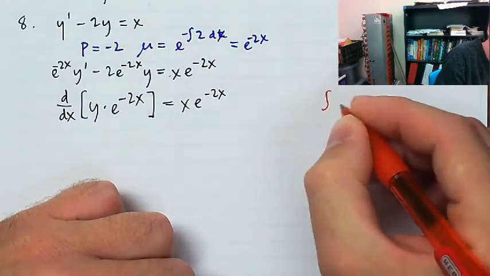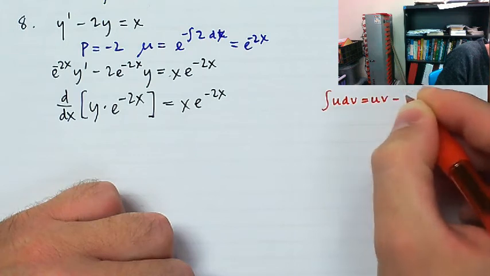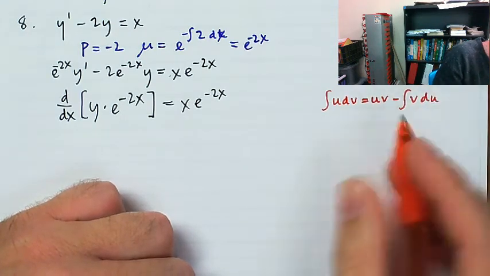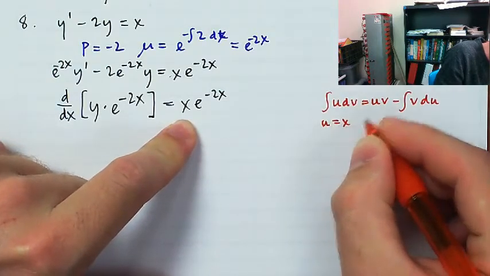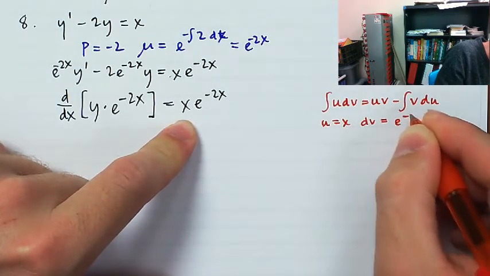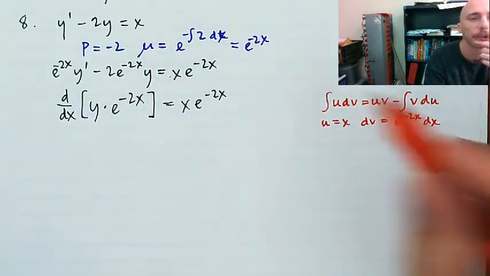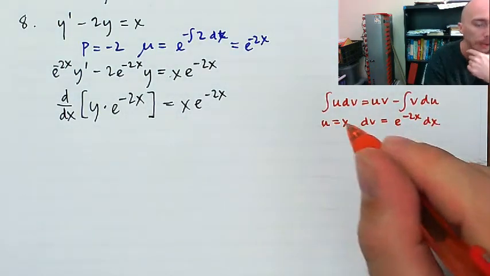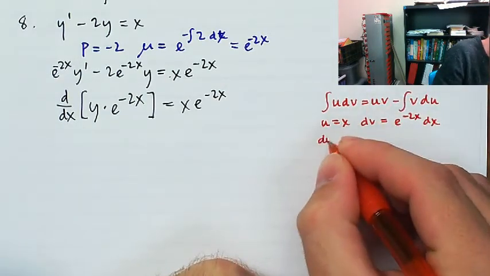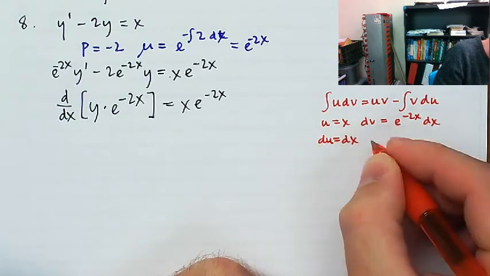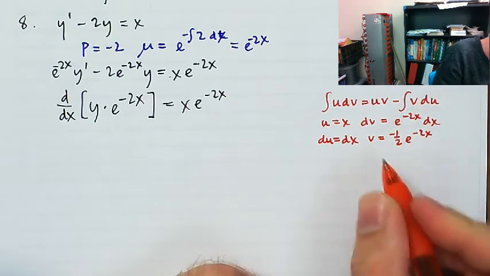Okay. I know that the integral of u dv is equal to u times v minus the integral of v du. So if u equals x and dv equals e to the negative 2x dx, and I know I want u to be x because I rate algebra before exponential, so I need to choose u equals x. And du is dx, v is going to be negative 1/2 e to the negative 2x.